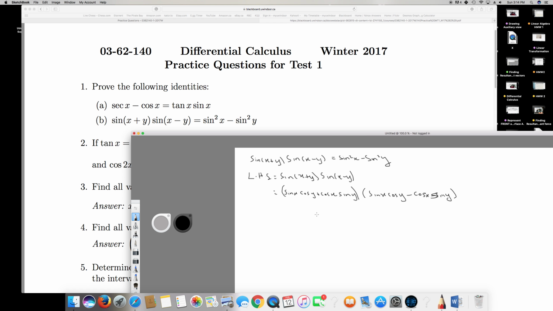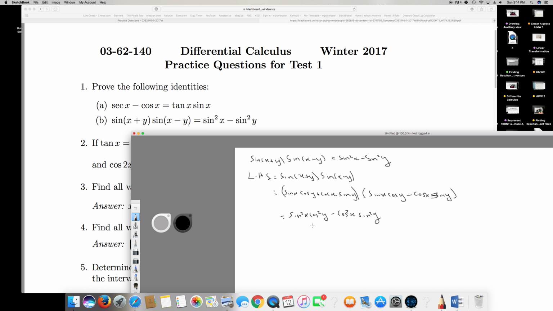It's the same pattern, because sin x cos y is the same number, cos x sin y is the same number, and it's plus and minus. So it becomes sin square x cos square y minus cos square x sin square y. The same pattern as a square minus b square.